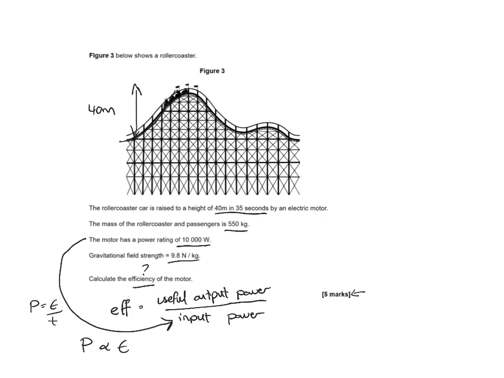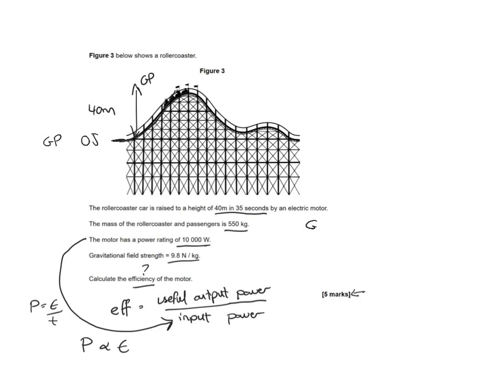Now, if I wasn't sure about my energy transfers, which I should be at this point, if it raises it, then the energy is being transferred to the gravitational potential store of the roller coaster and its passengers together. So if I'm assuming that here I had 0 joules of gravitational potential, then I know how much it gained. The useful output power is what I need to calculate. But to get the power, I need to first calculate how much energy was transferred to the gravitational potential store of the roller coaster and passengers together.